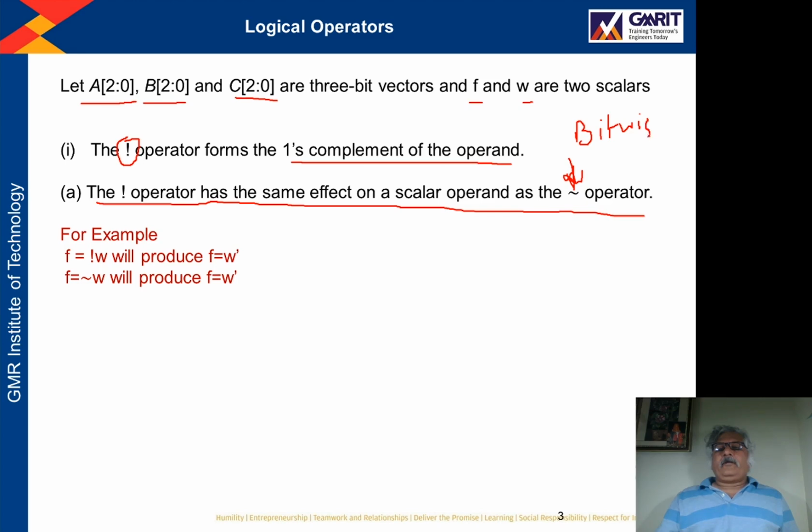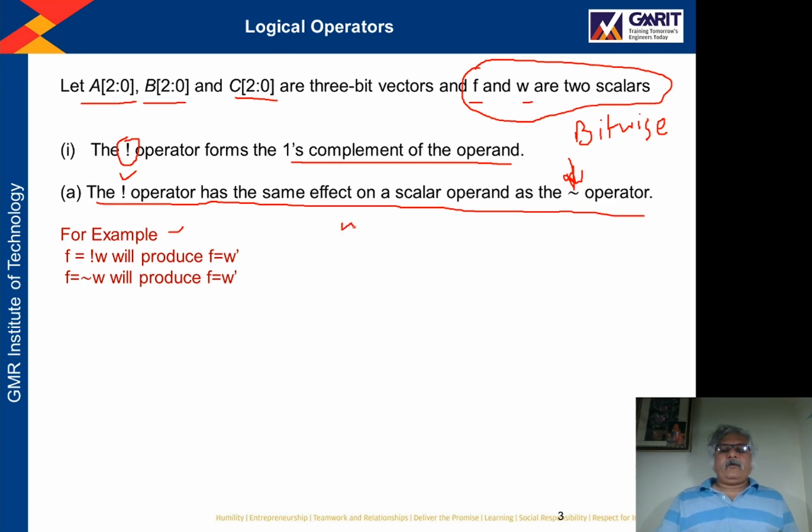So what the tilde does in a bitwise operation, exactly the same thing is done by this exclamation operator if the operands are scalar. For example, F is equal to exclamation W.